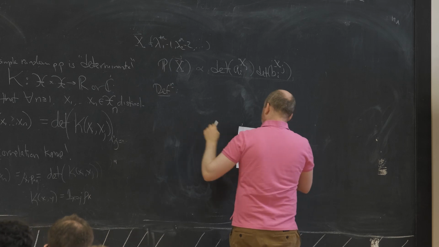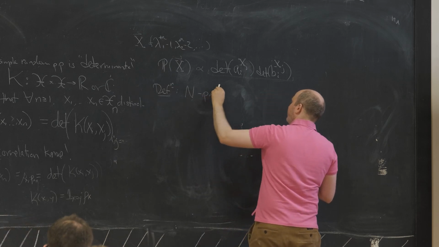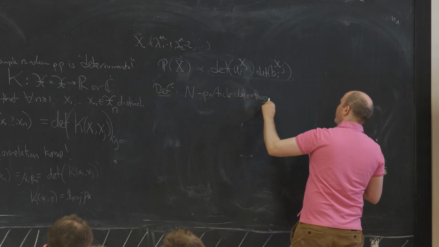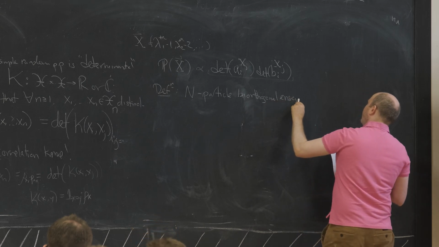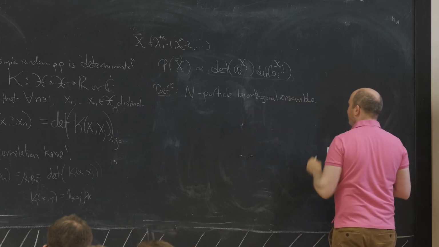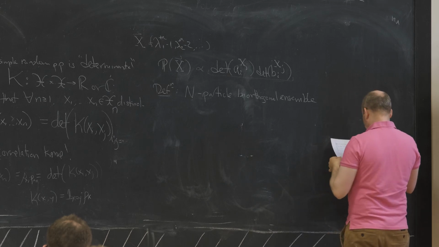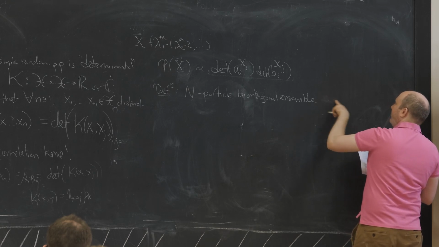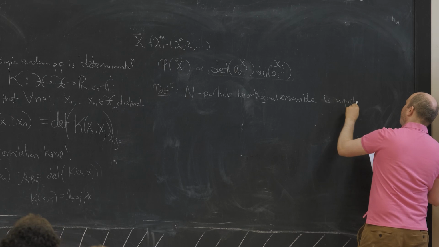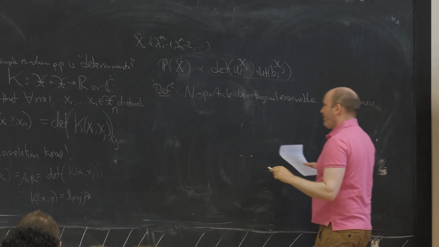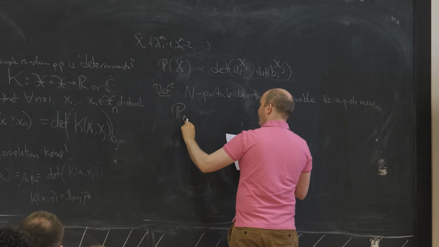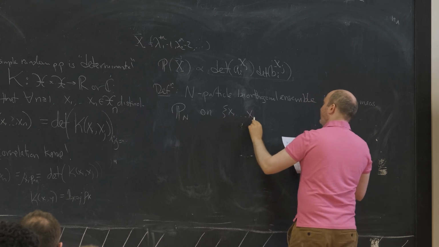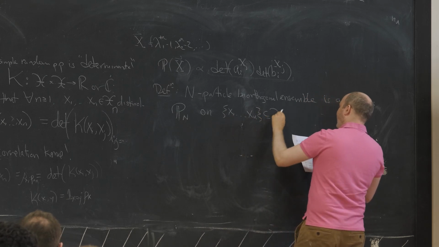So let me define what's called an n-particle biorthogonal ensemble. These are the types of objects that come up a lot in random matrix theory and also in this realm of probability. So this is a probability measure, call it Pn, on sets x1 through xn in chi, distinct.